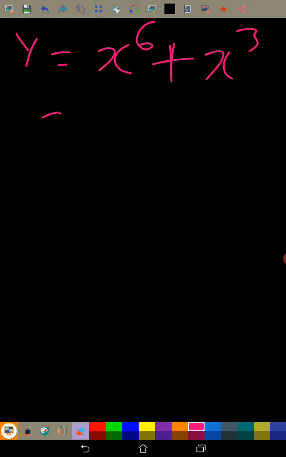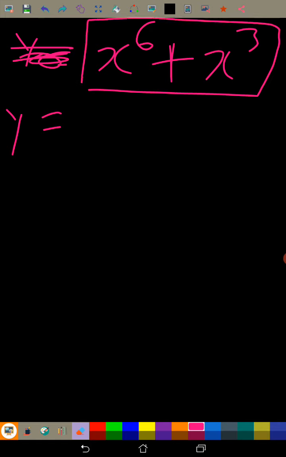For solving a quadratic equation, for example, if we have x to the power 6 plus x to the power 3, this is a quadratic expression.